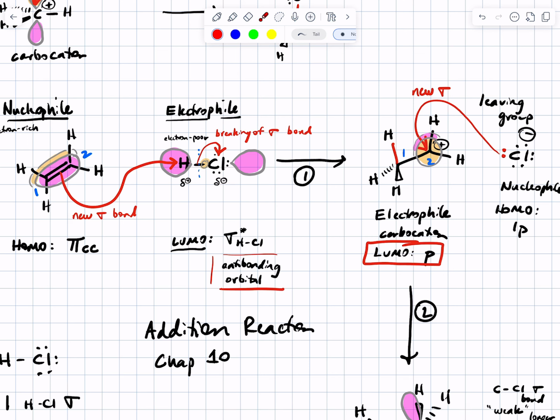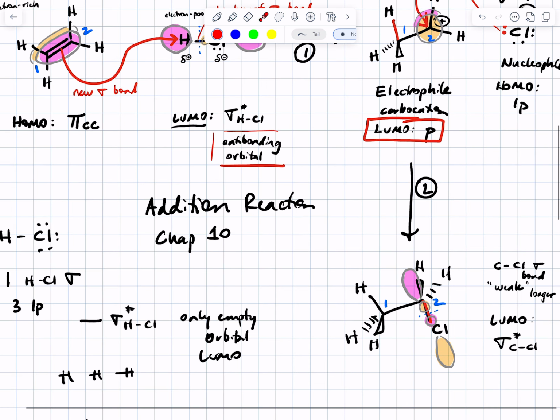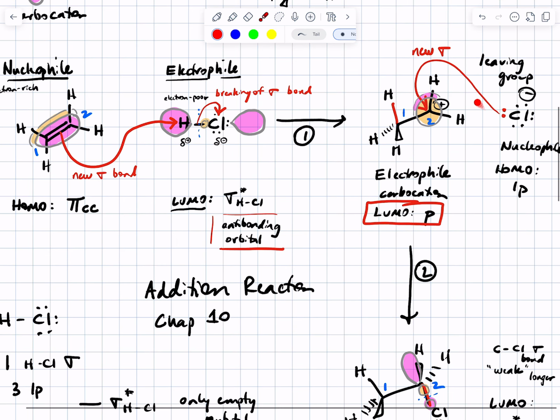This reaction, reaction number one, is actually uphill in energy. And we will talk about why. That's going to come later. This second reaction, though, is downhill in energy because you now go from something that didn't have a bond to something that does. Yep, so we'll deal with that, but we're probably not till we get to chapter 6.